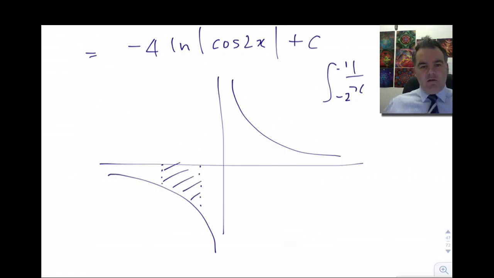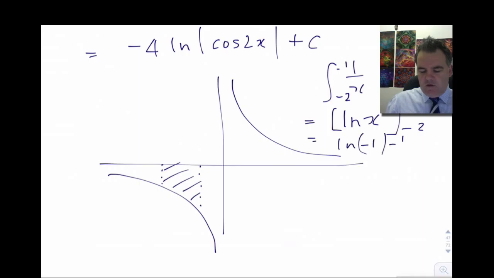That's just the area under the curve, between the curve and the x-axis. So I could do my integration, ln x between -1 and -2, ln -1 minus ln -2, and hopefully you'll see there's a big problem here. ln of -1 is not defined. In fact, natural log values of negative numbers are not defined. So we're into a problem here.